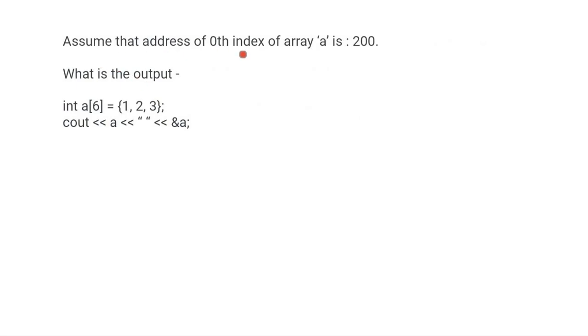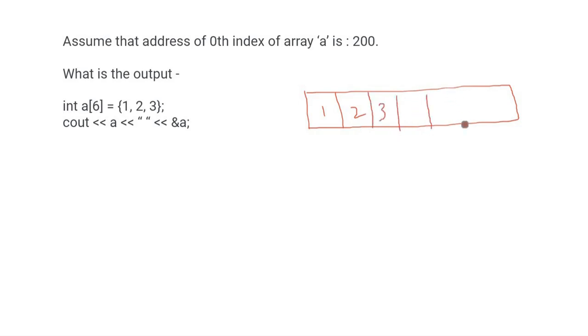Moving on, assume that the address of 0th index of array A is 200. Alright, we are given an array which has 6 elements, out of which 3 are known, which is 1, 2 and 3, and the other 3 would be having some garbage value which we don't know.